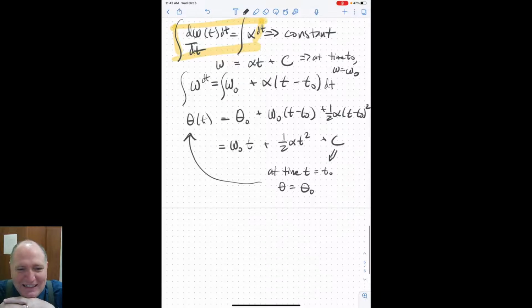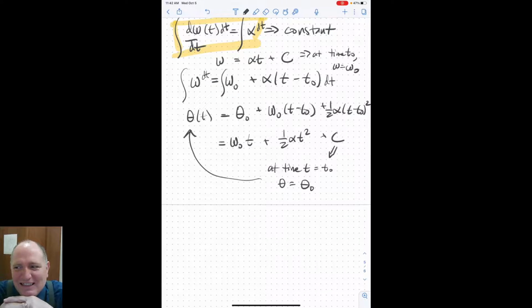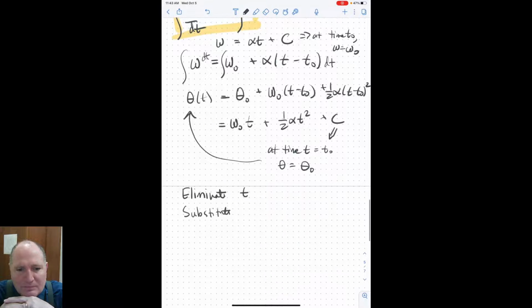And then our last rotational kinematic equation is to eliminate t. So we substitute our omega equals omega naught plus alpha (t minus t naught) into the theta equation.